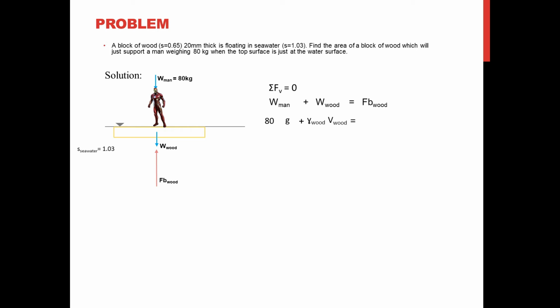So in here, again, we apply the Archimedes principle that buoyant force is equal to gamma of the fluid times the volume submerged. So in here, we need the wooden volume. So 80 times g. We substitute, of course, in here, we need to express gamma in terms of rho g.